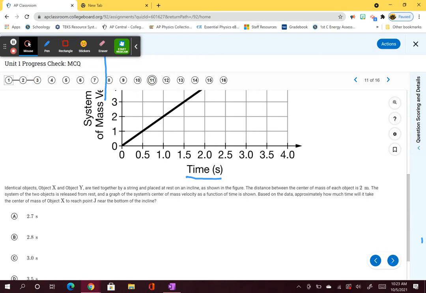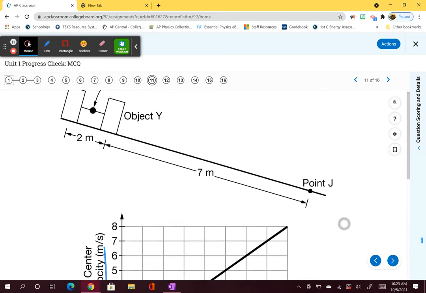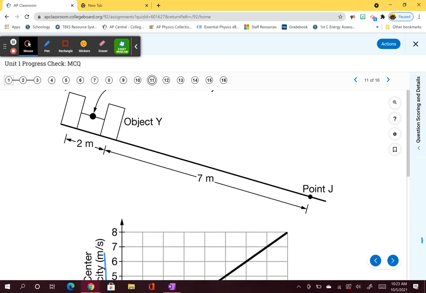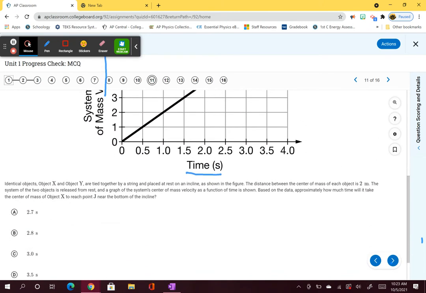So identical objects, object X and object Y, so that's why the center of mass is in the middle, is because both object X and object Y have the same mass, are tied together by a string and placed at rest on an incline. So that's why it starts at 0.